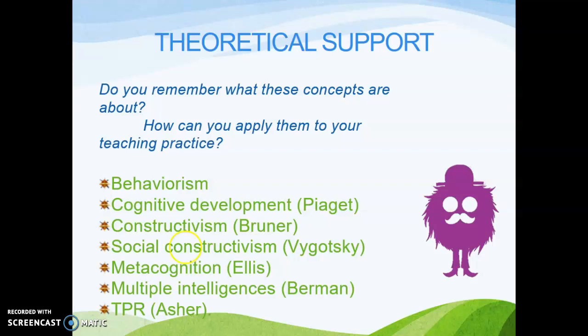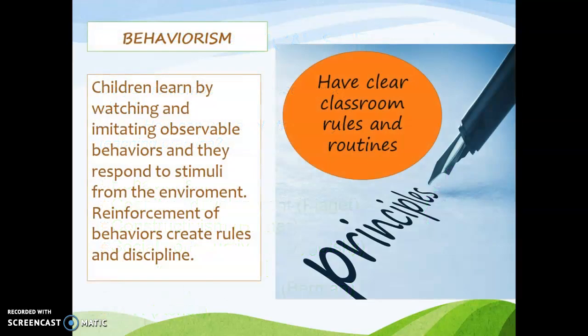So first, we are going to check the theory about behaviorism. In this theory, the principle is that children learn by watching and imitating others. Children respond to stimuli from the environment, and all the rules and behaviors that they observe have to be reinforced. What is important from this principle to the teaching practice?